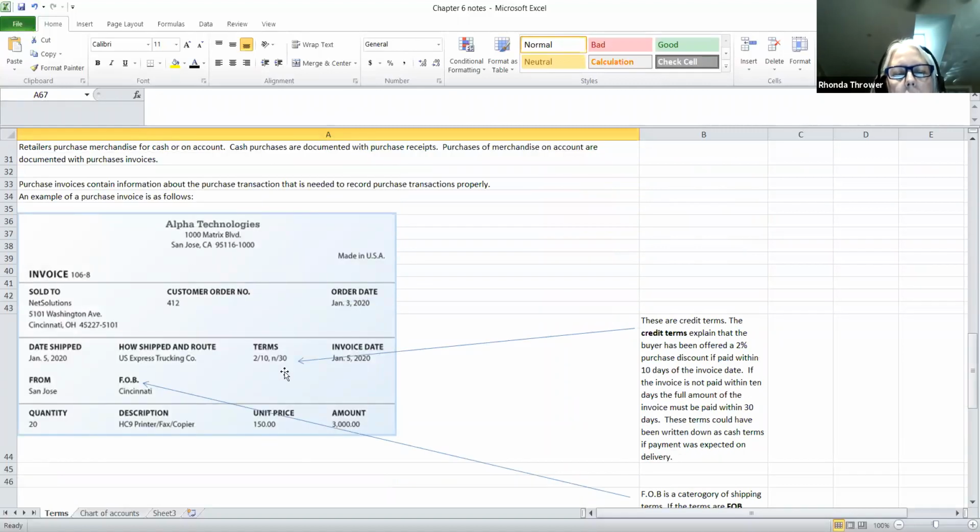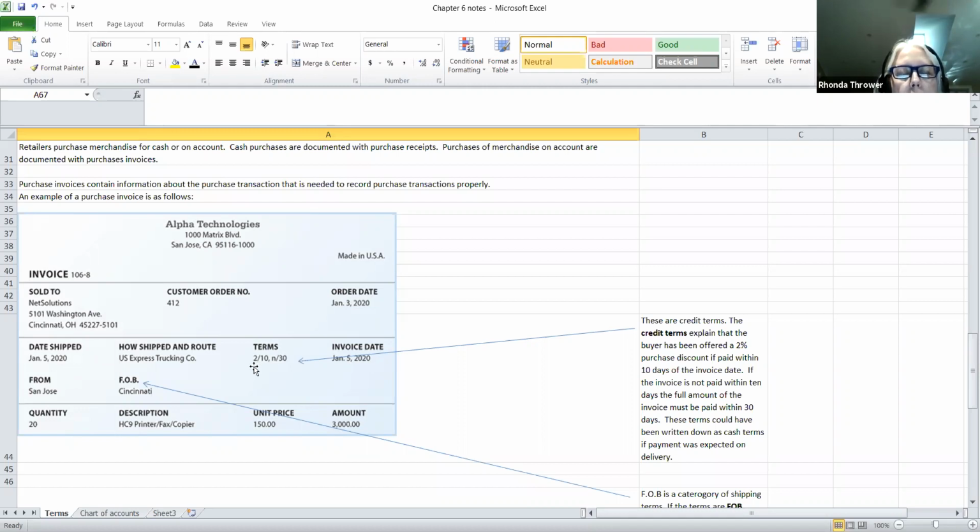The next type of information that we're going to look at is what we call the credit terms. Notice here they've got a 2/10. What that stands for is that this supplier, this Alpha Technologies, is offering Net Solutions a discount if they pay them within 10 days. The amount of that discount is 2%.